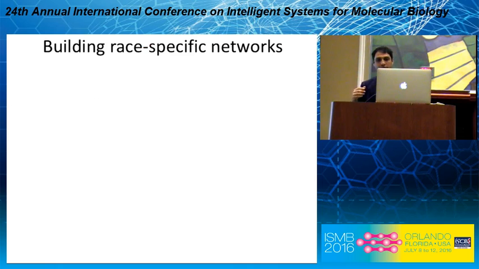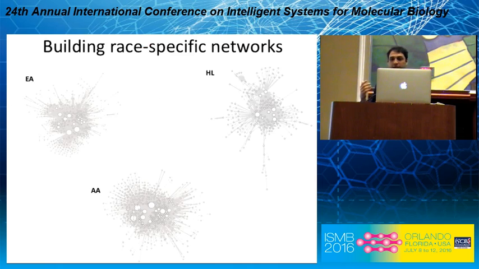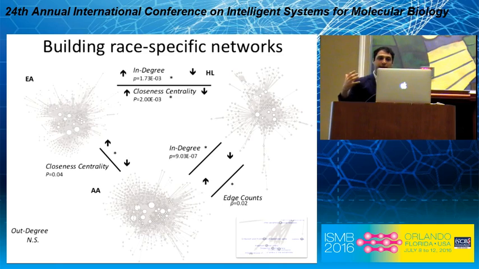So with these pairs, we can actually build race-specific networks, and this is a very abstracted overview representation of them. They're actually made up of connected nodes that are ordered and have magnitude. And I'm getting a little out of time, so I'm not going to compare them directly, but we do notice that topological differences may reveal some biological underpinnings of these disease pairs.